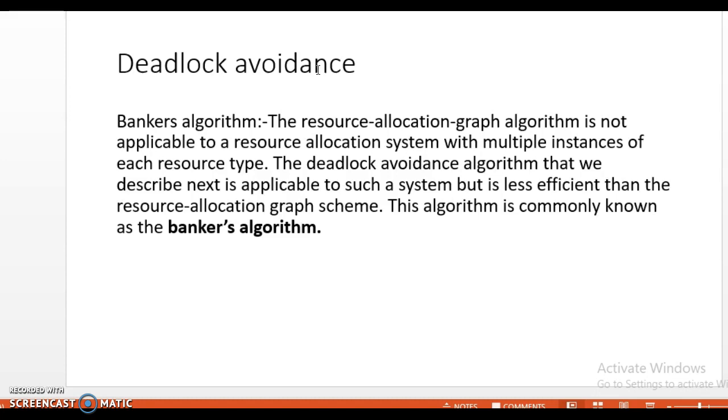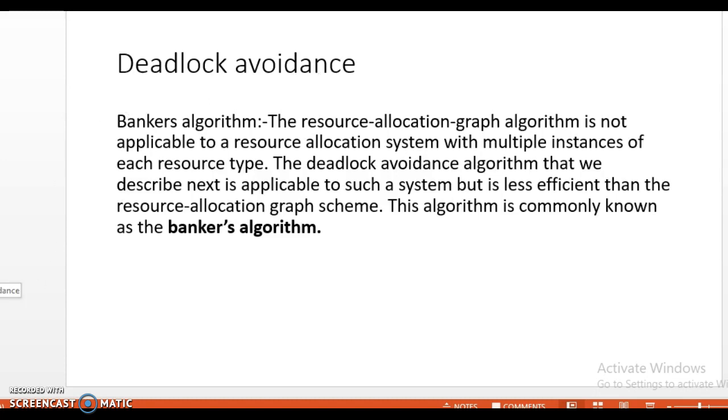The resource allocation graph is not applicable for multiple instances of resources. The deadlock avoidance algorithm that we describe next is applicable to such systems, but is less efficient than the resource allocation graph scheme. The algorithm is commonly known as Banker's algorithm.